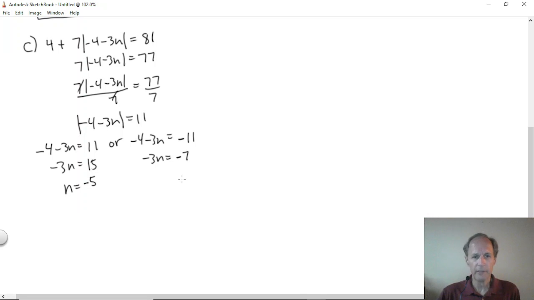Okay, negative 3n equals negative 7. And so now we divide both sides by negative 3. n equals, and it comes out to 7/3.